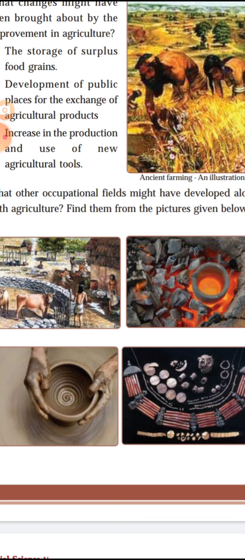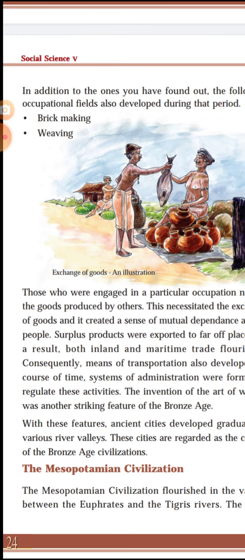They began to make weapons, tools. In addition to the agriculture, a lot of occupations developed. Then brick making. They began to make bricks, weaving, etc. These occupations developed.